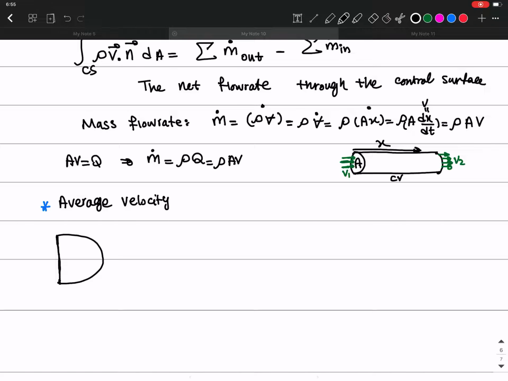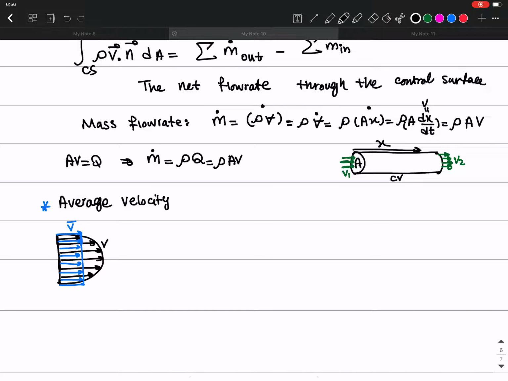If this is, for example, the vertical direction, the velocity profile can look like this. Then we can define an average velocity, which would be the average of these velocities, somewhere like here. So this is V, and the average velocity, we call that V bar.